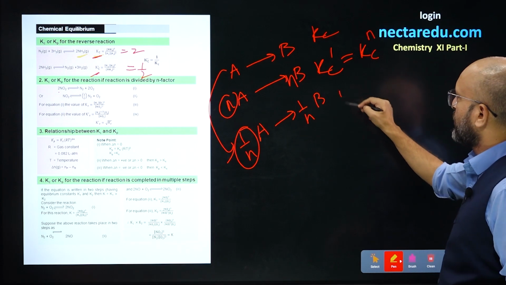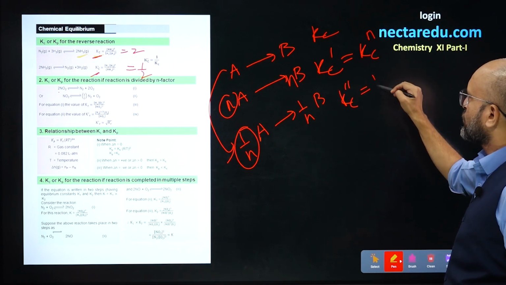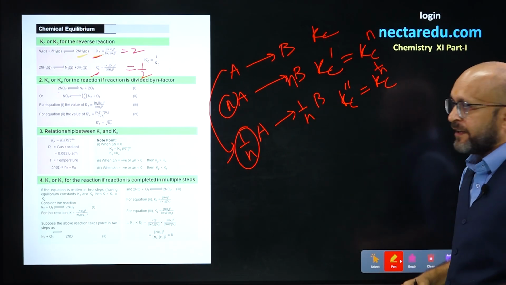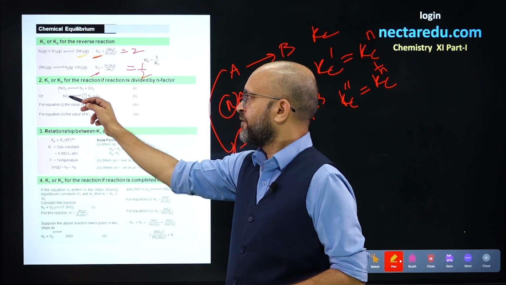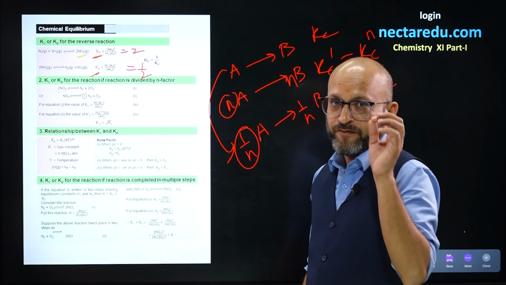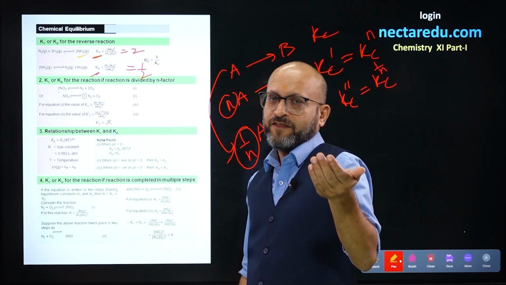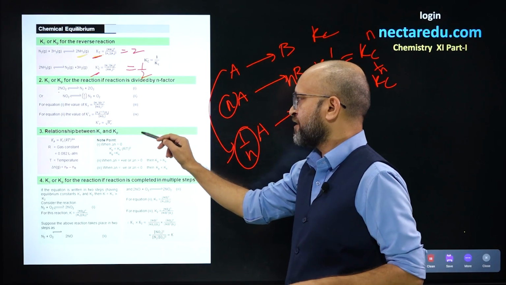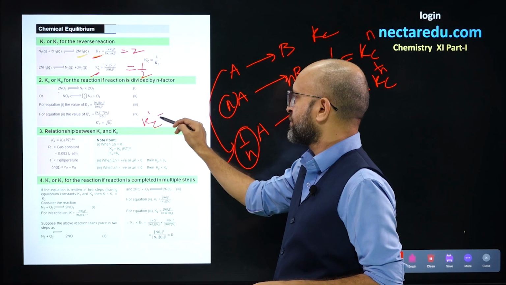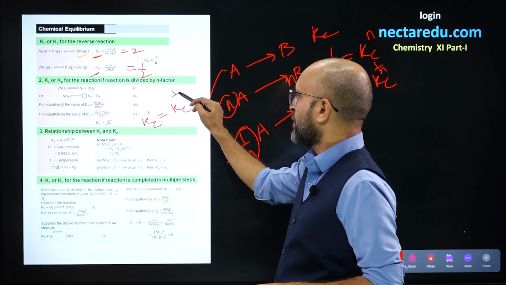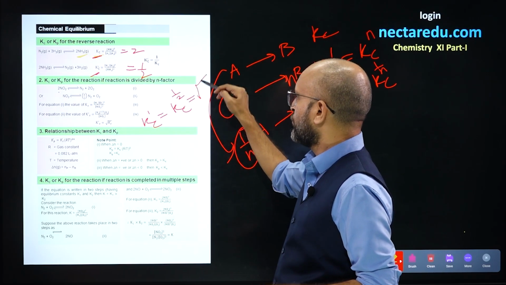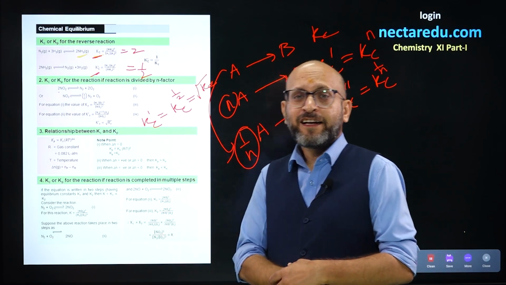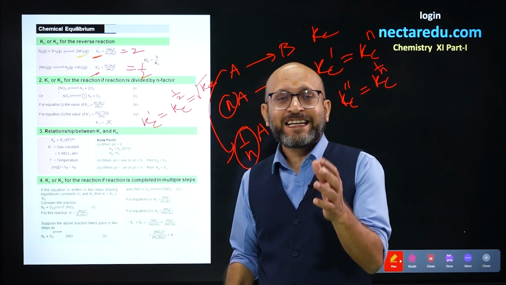So Kc double dash for this reaction equals Kc of the original reaction raised to the power 1 by n. Here we have multiplied by 1 by 2, or you can say divided by 2. So Kc dash becomes Kc raised to the power half, that is the square root of Kc.